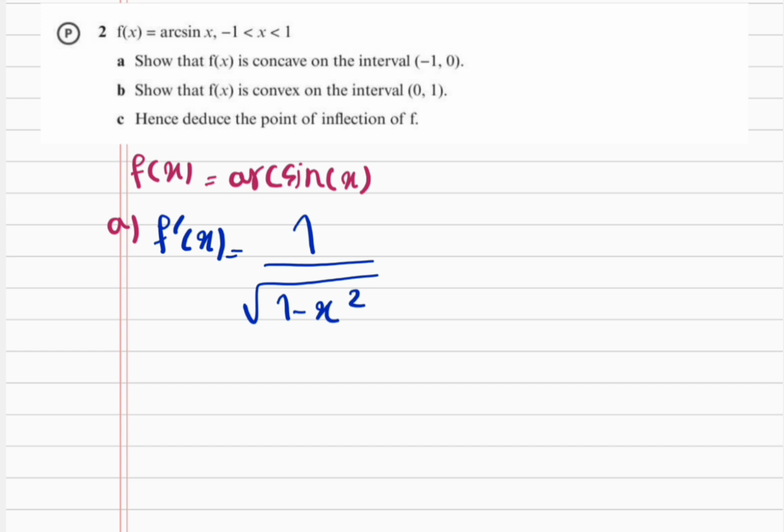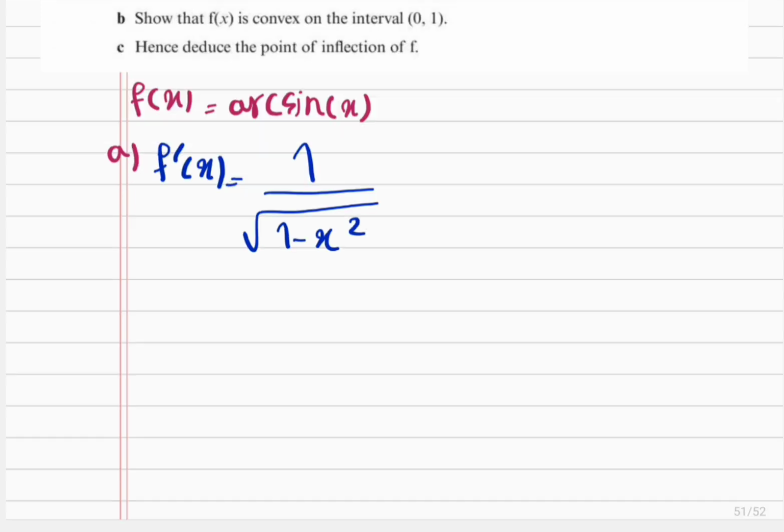Now, this is the derivative of arcsine x, and we need to differentiate this again. But before that, I'm going to write this in a nicer form, because this can be written as 1 minus x squared to the power of minus a half.